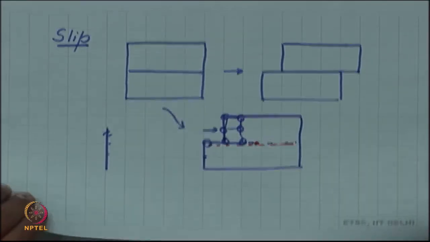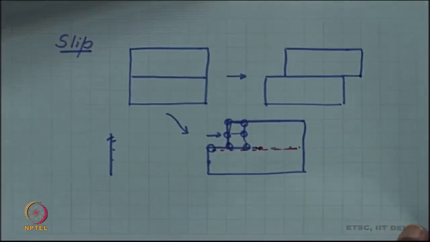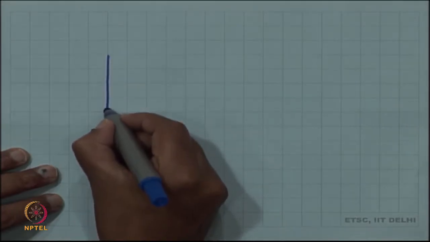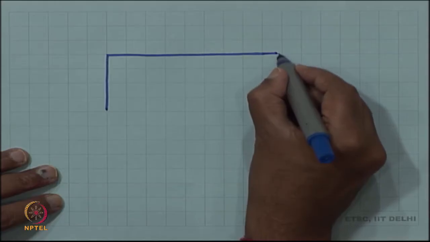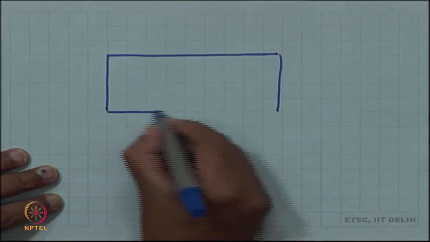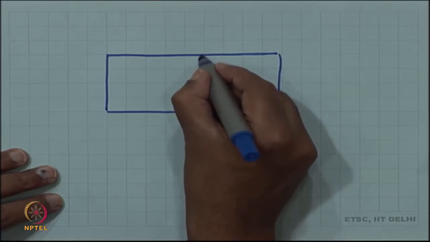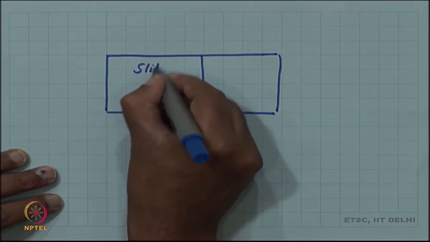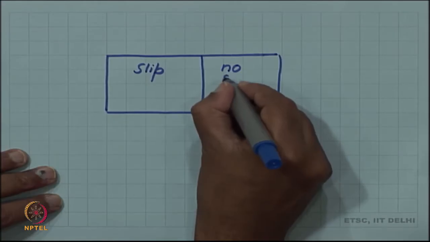So, essentially what is being proposed is that on the slip plane, slip has not taken place over the entire slip plane, but part of the slip plane has slipped, and on the other part there is no slip.